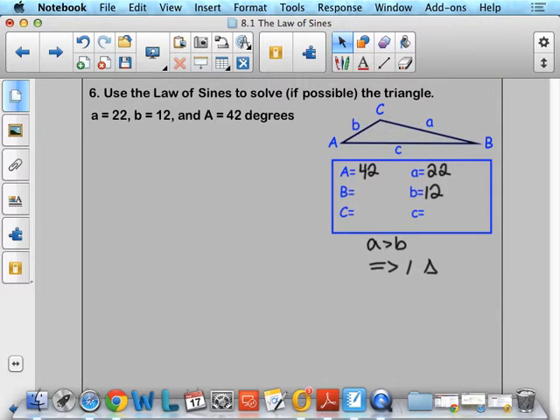So it's kind of back to one of the original problems that we have already been doing. So we have to start by finding capital B. So we know a over sine of A is equal to b over sine of B.